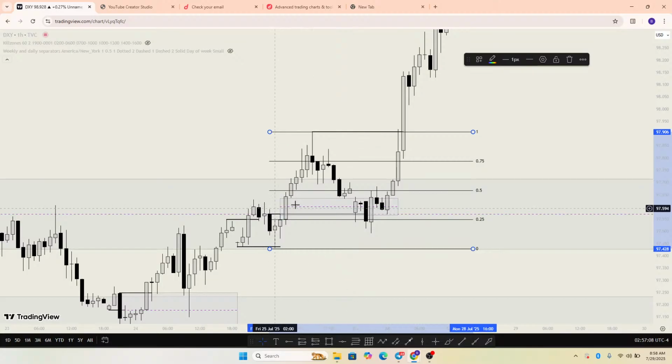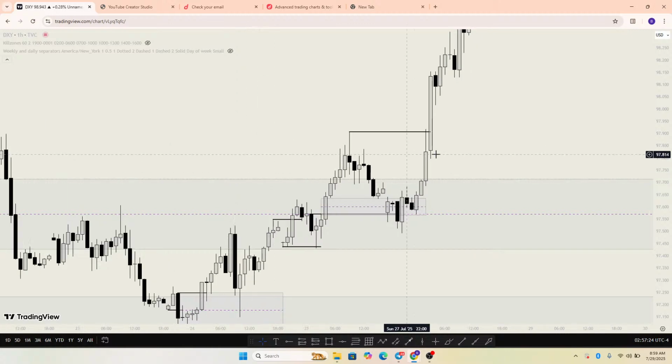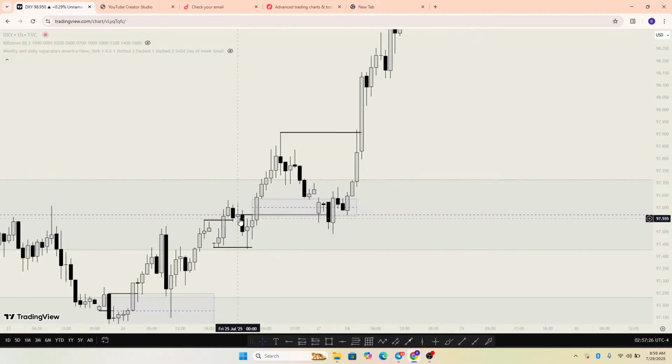Those institutional levels I marked are at discount level. Now, mind you, again, we are buying off an institutional reference point. Remember, this is a level we marked on the weekly time frame. So here we have this change in the state of delivery. We have a fair value gap.